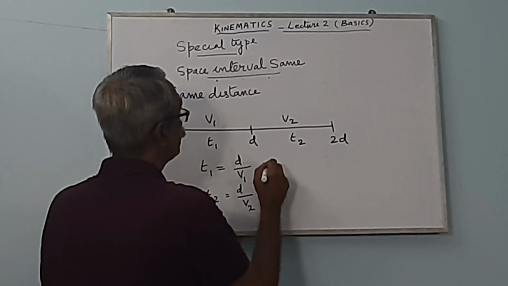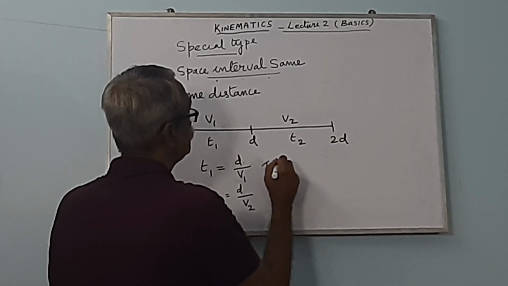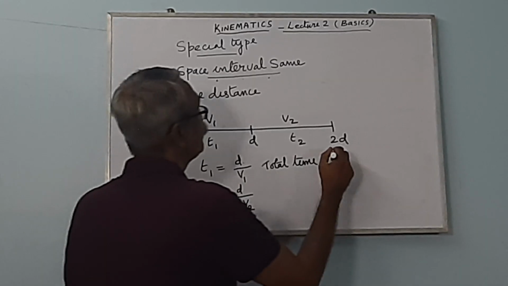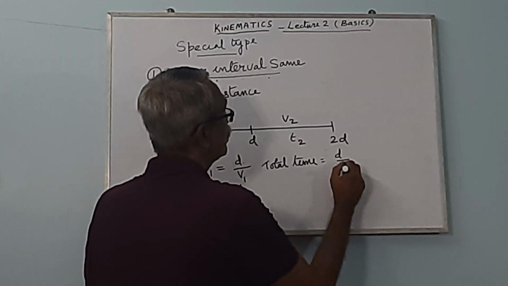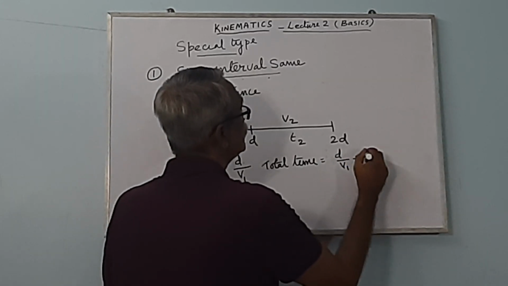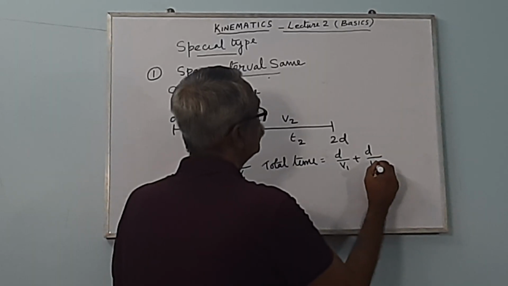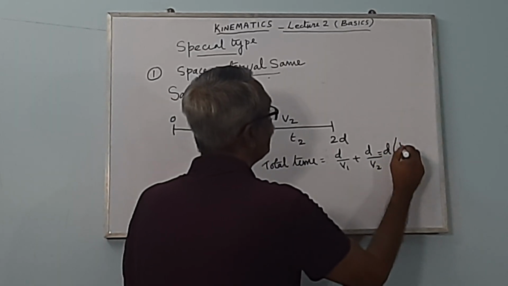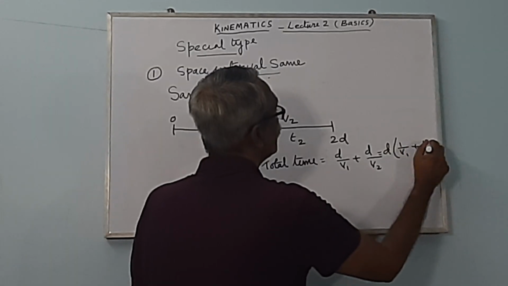So, total time is equal to d divided by v1 plus d divided by v2, which is d multiplied by 1 by v1 plus 1 by v2.